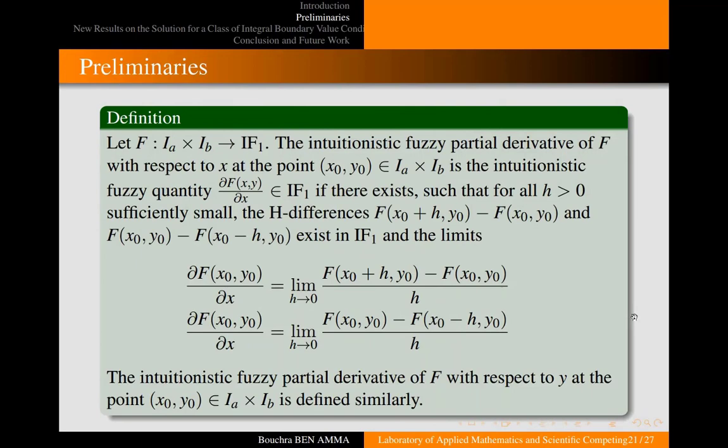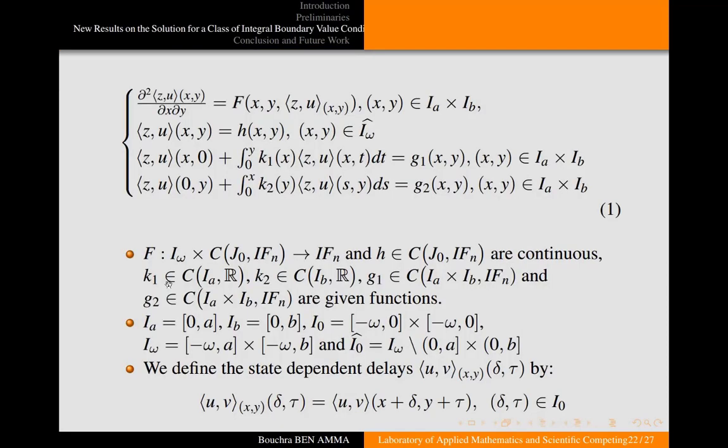And in this slide, the definition is about the intuitionistic fuzzy partial derivative of an intuitionistic fuzzy function in I of 1. If we can compute these elements in I of 1, and these H differences exist, and this quantity is equal to this limit, then this element is called the intuitionistic fuzzy partial derivative of the function f in I of 1.